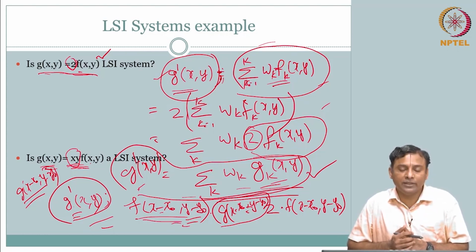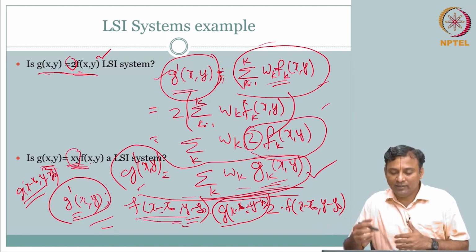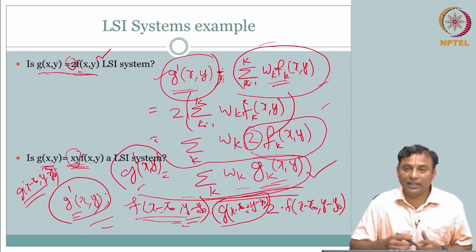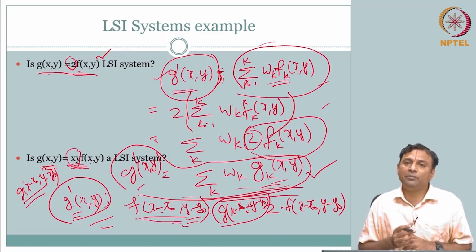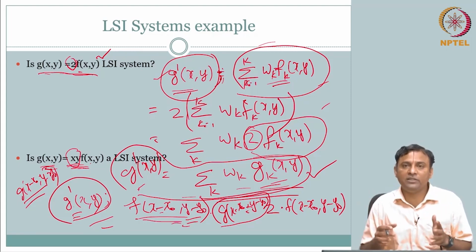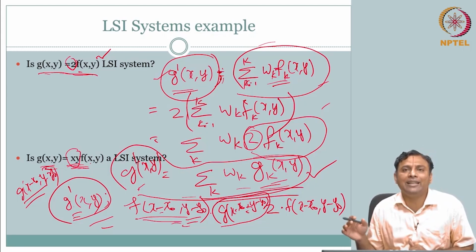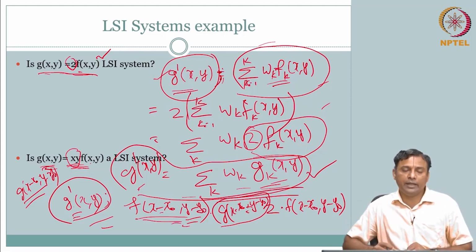We are not just doing things for mathematical traction that does not hold good in practice. It is powerful because it makes life simple, yet it captures the vast majority of imaging systems, at least the most common imaging modes that are available. You will be able to get through this.